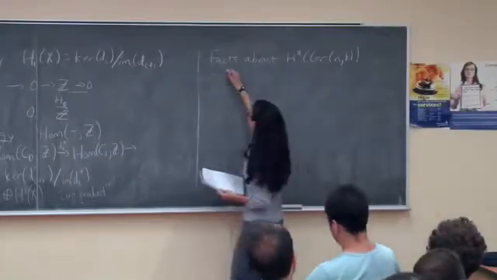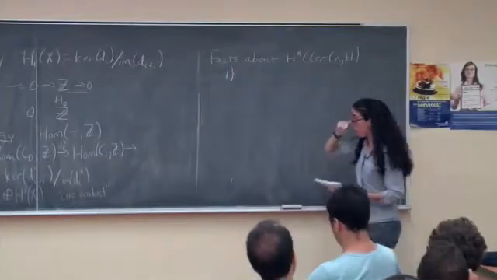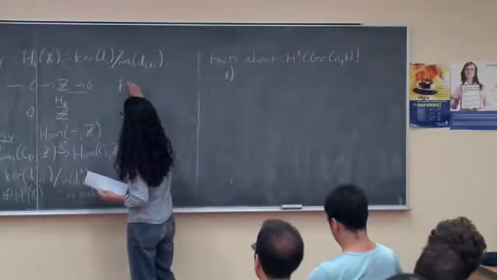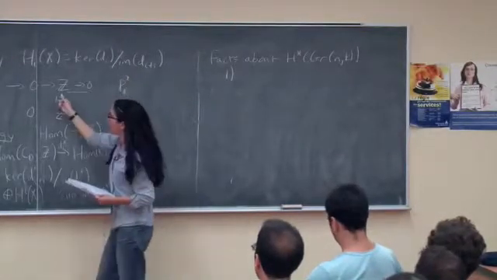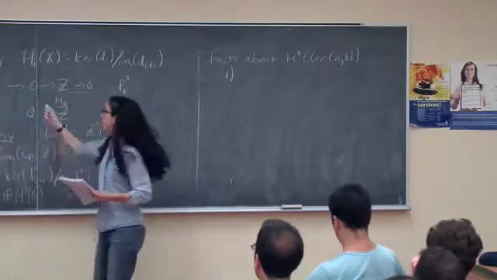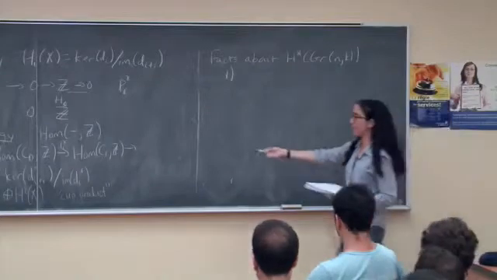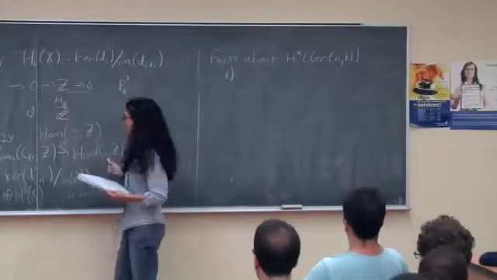First of all, this is something that we saw for P2C. Remember, this was the chain complex for P2C, that it had only even degree homology, and it only has even degree cohomology by the same argument, maps from 0 to Z or just 0.